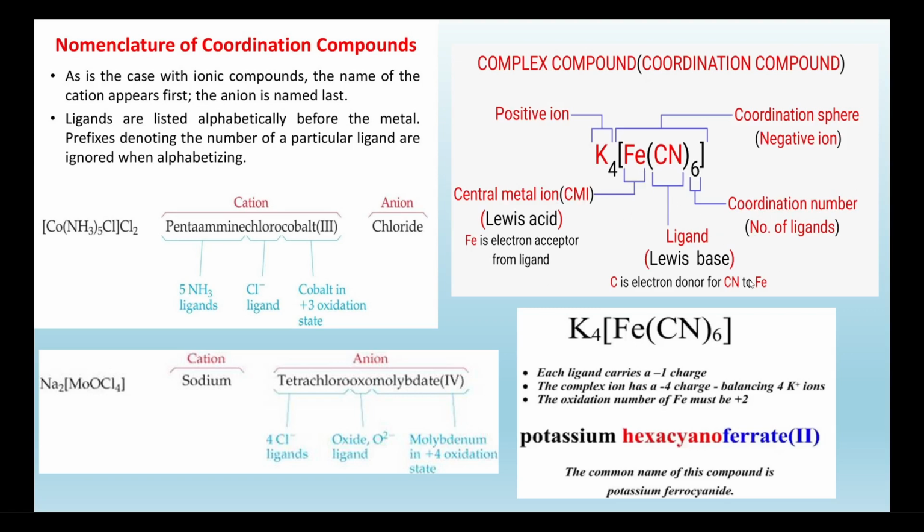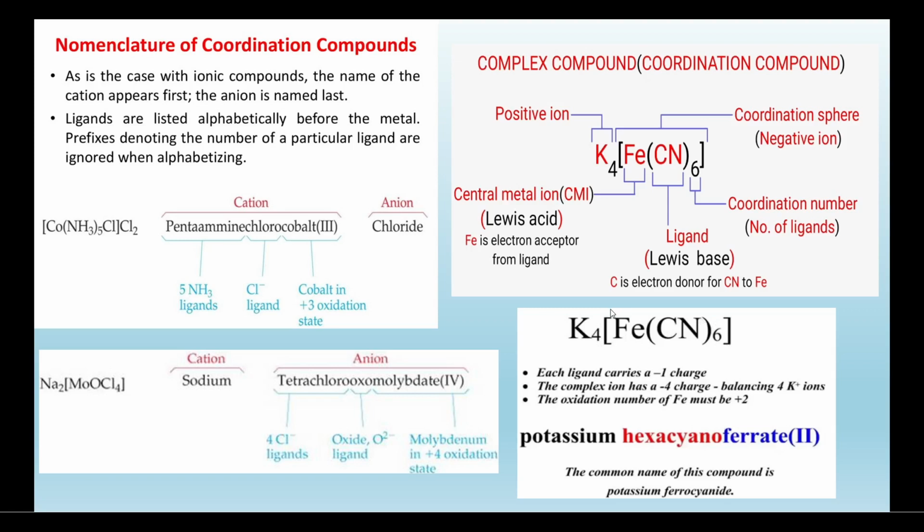The cyano acts as a ligand, which is also a Lewis base, and the potassium is the positive ion. Coming to the respective cyano ligand, the cyano has a minus charge, and the complex has a -4 charge, balanced with the 4 K plus ions.